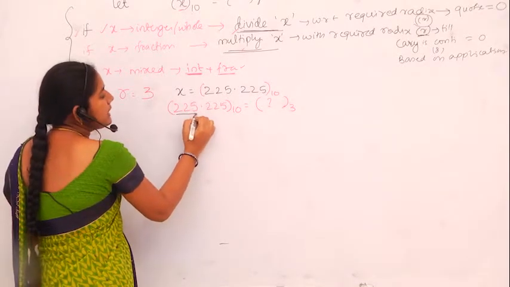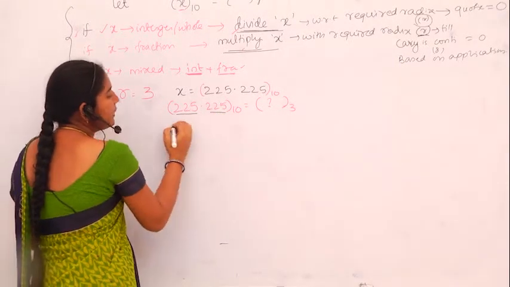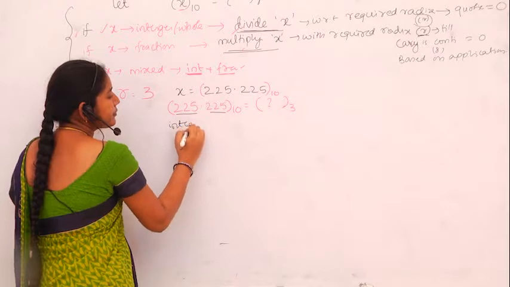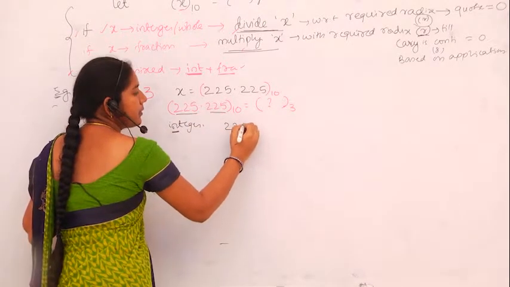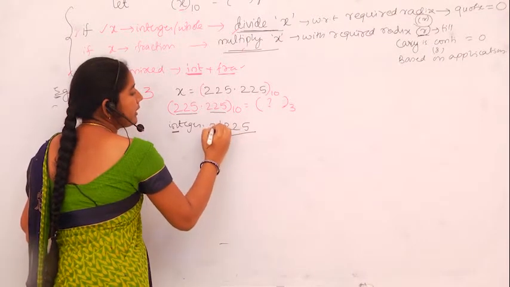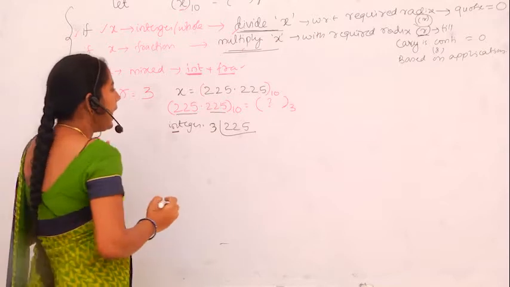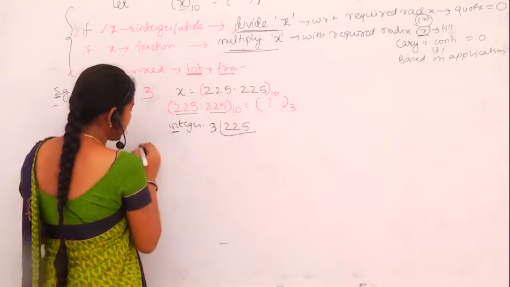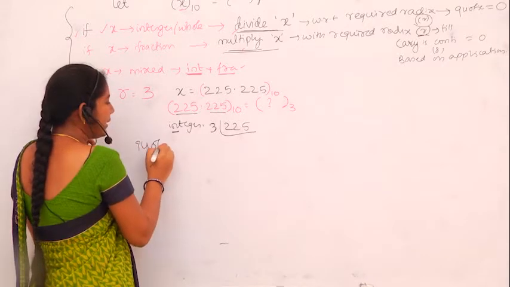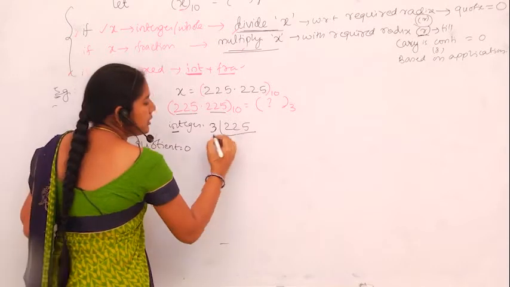So do the integer part separately and fraction part separately. For this integer, divide this integer part with the required radix. Here the required radix is 3, and here we need to do this process till the quotient value equals 0.